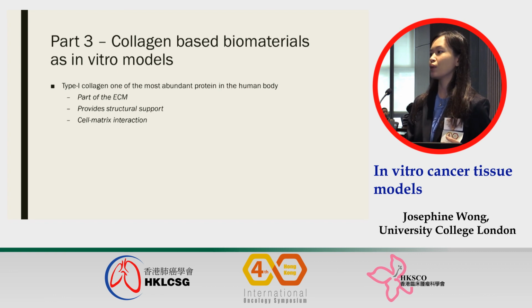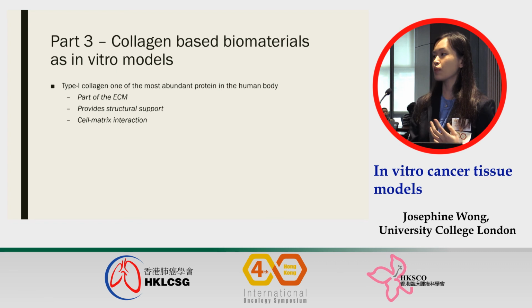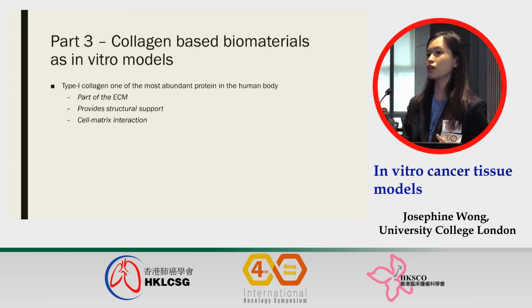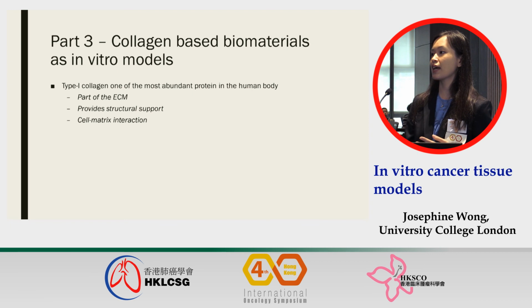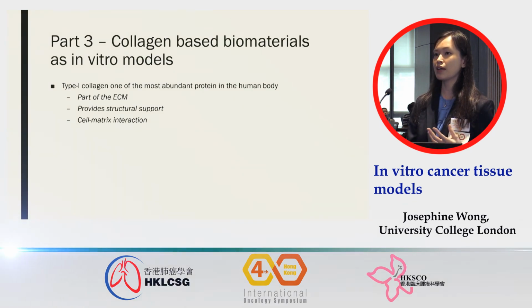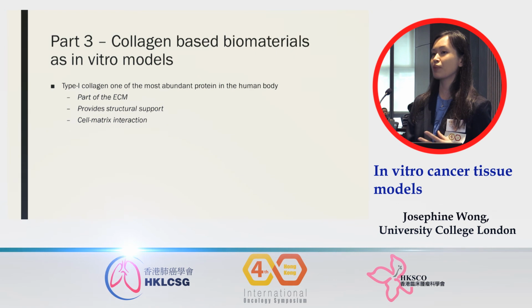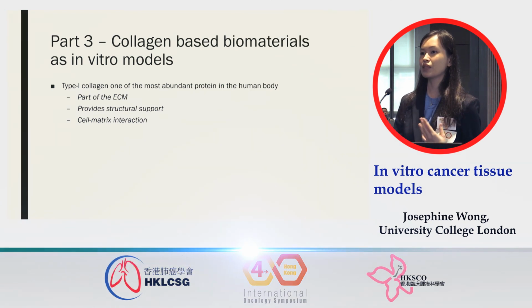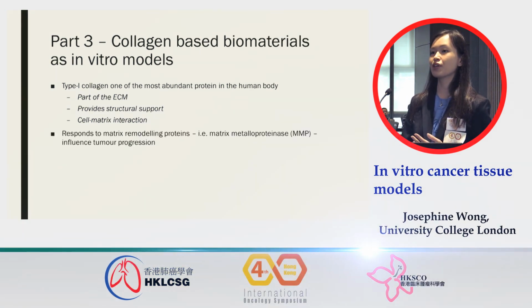So just to go into a bit more about the collagen material itself. It is the most abundant protein that is found in the human body, and it is the main constituent of the extracellular matrix. It provides structural support and, importantly, provides the cells with attachment sites and cell matrix interactions, which will enable the cells to attach, migrate, and direct their behaviors.